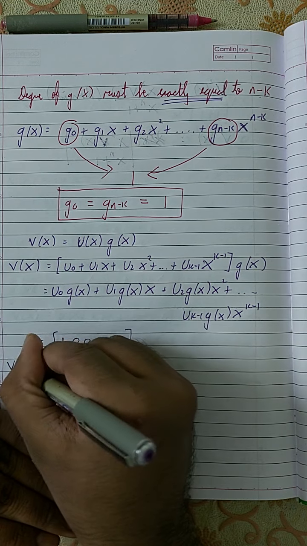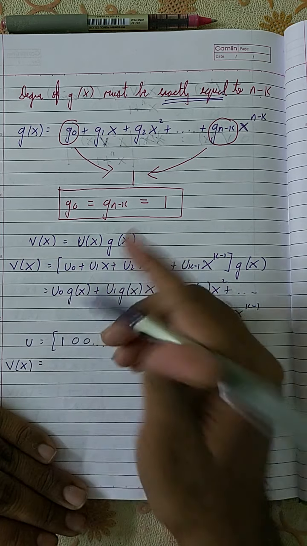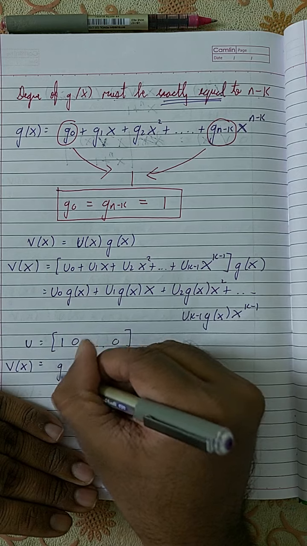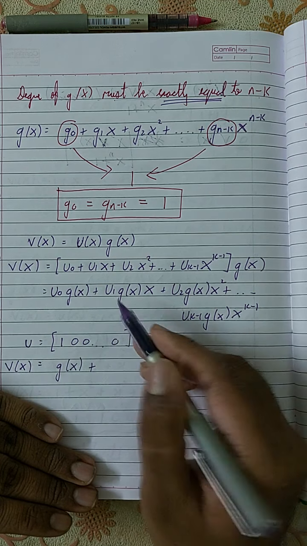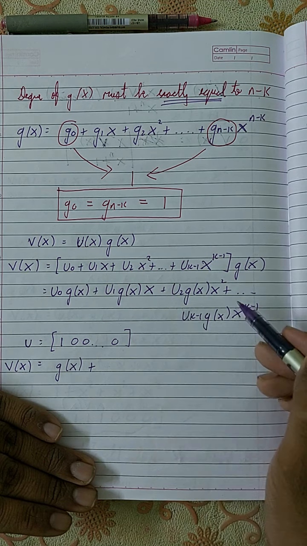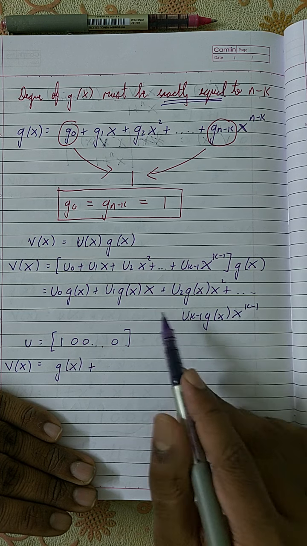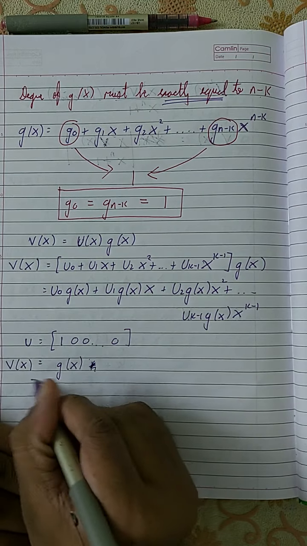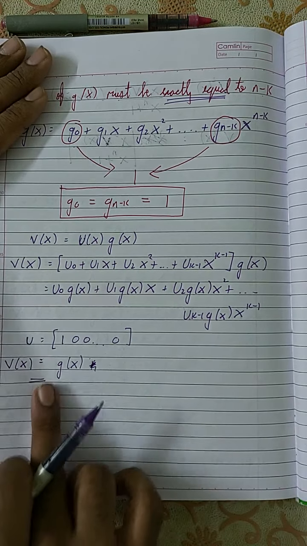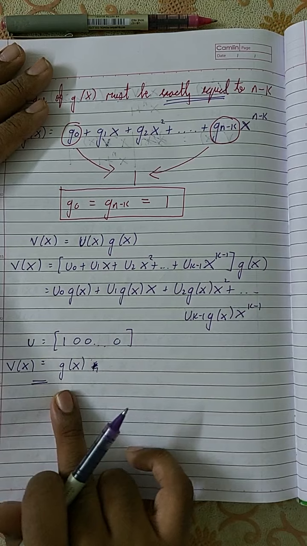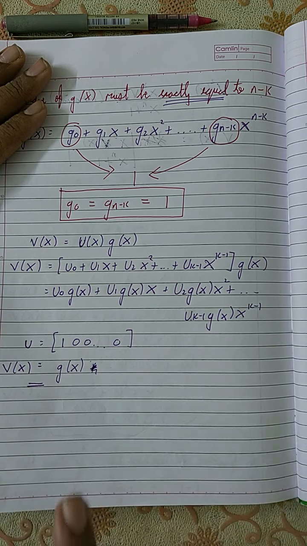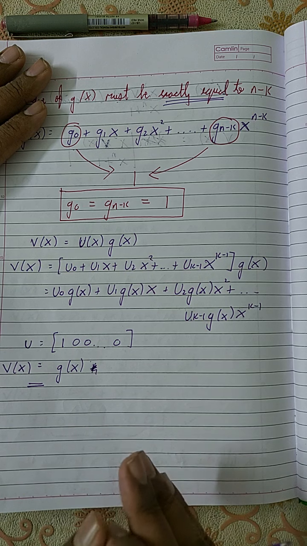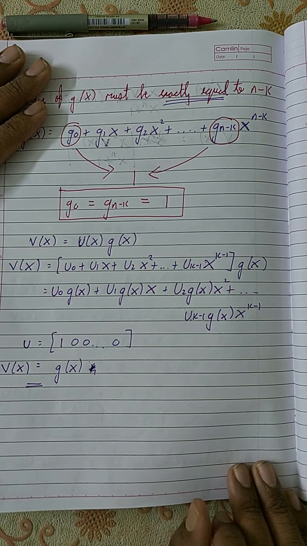V of x will now become u0 is 1, so it becomes g of x, plus u1 is 0, u2 is 0, u3 is 0, up to uk minus 1, all are zeros. So you will get nothing but v of x is equal to g of x. So what do you understand from here? You have understood that g of x is also one of the code polynomials of v of x.